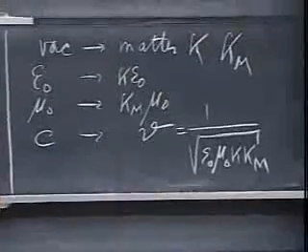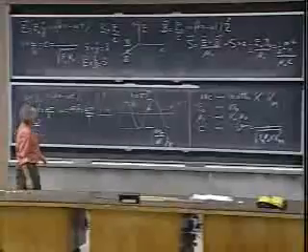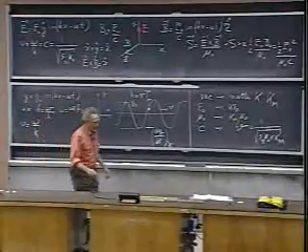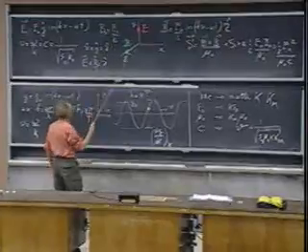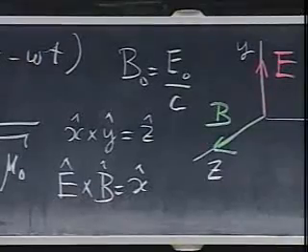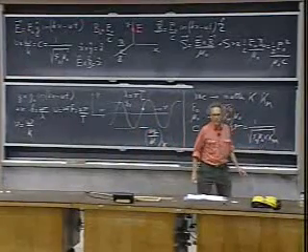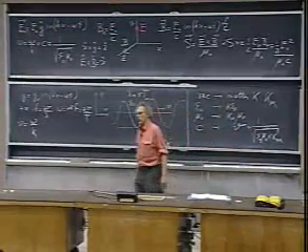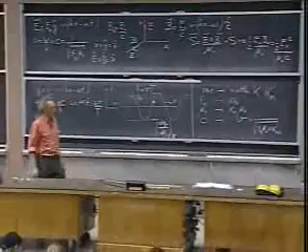And so my B0 becomes now E0 divided by V, and no longer divided by C. Kappa can be a very strong function of frequency, so can kappa m, but kappa m, of course, is only important for ferromagnetic materials.